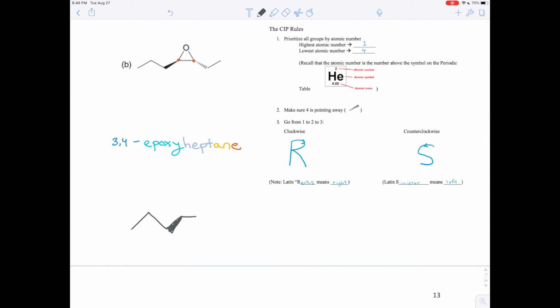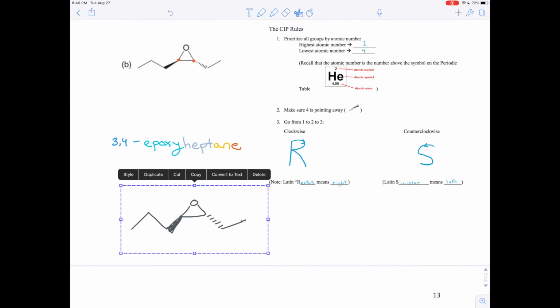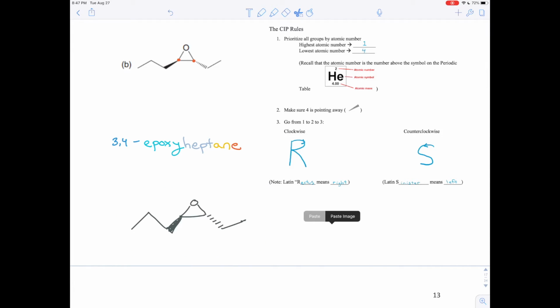So here's one, and let's just duplicate that. Okay, so first, let's consider the chiral center on the left.